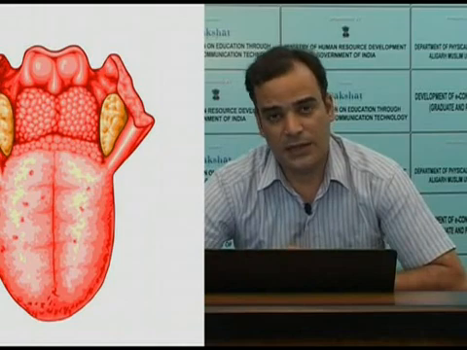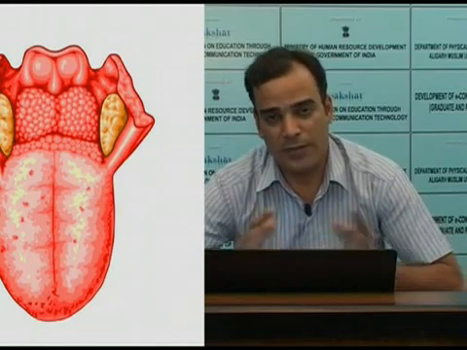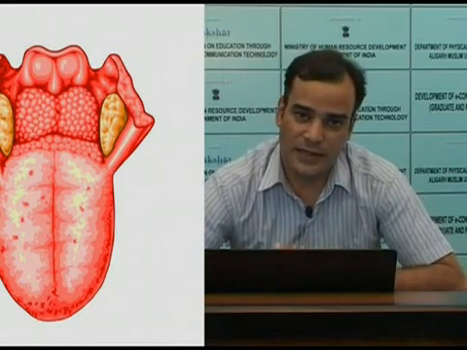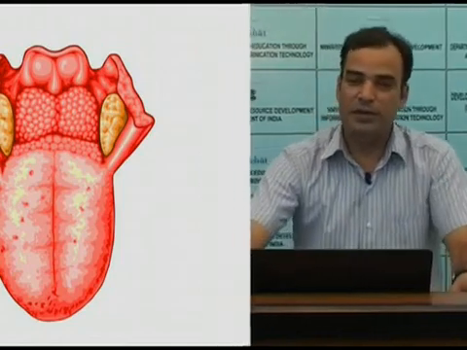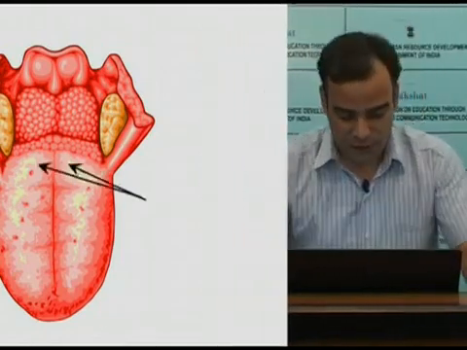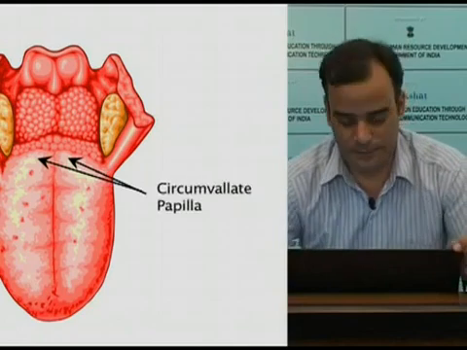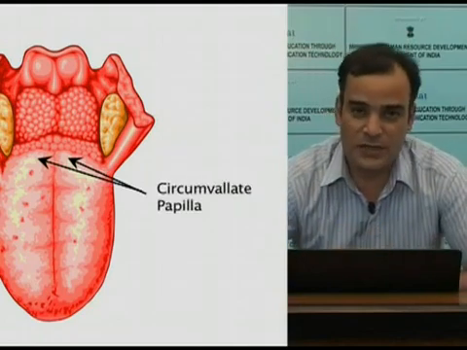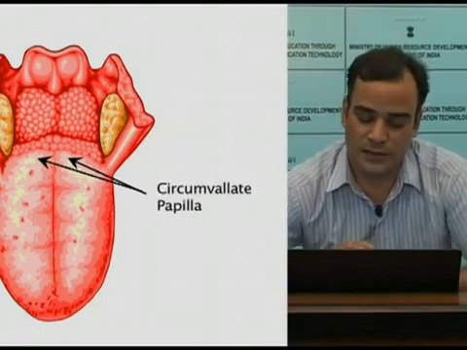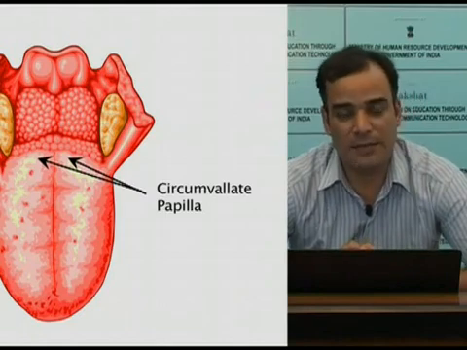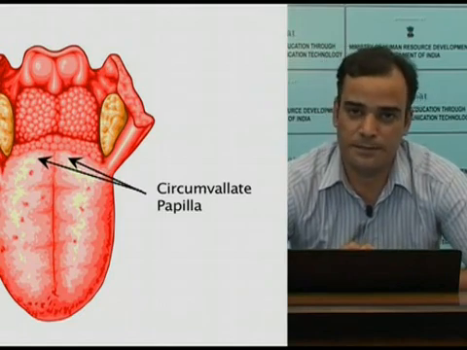These papilla are of many types, and they have been divided into three major groups. First group is circumvallate papilla. These are the largest of the papilla found on the tongue, and their size is about 1 to 2 mm.